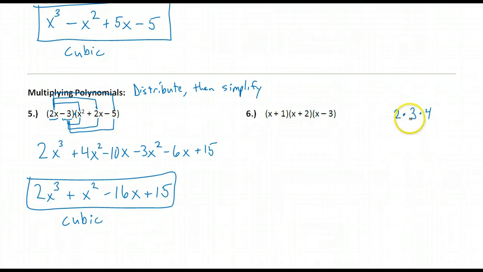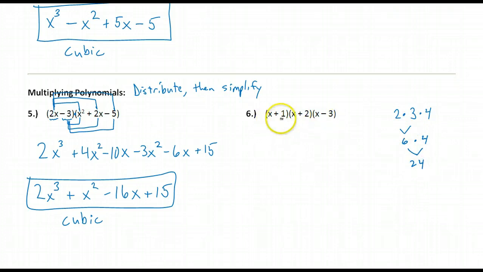To multiply 2 times 3 times 4, I just take 2 times 3, and then I take that answer times 4. I don't distribute 2 times 3 and 2 times 4. I don't have a grouping symbol, I don't have addition, so I'm not going to distribute this 2 to the 3 and to the 4. I'm just going to take 2 times 3, take that answer, times 4.